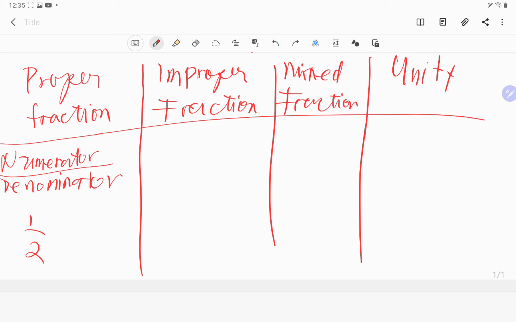Or a proper fraction is a fraction that is less than 1 but greater than 0. Yun yung value niya. Another example of a proper fraction is 2/3 and 4/5.